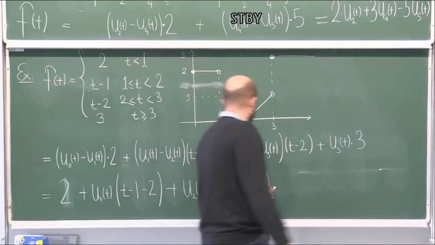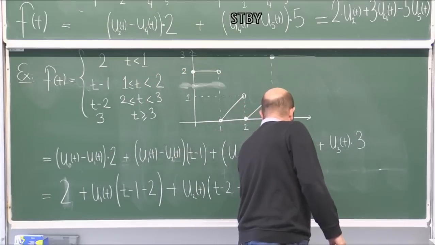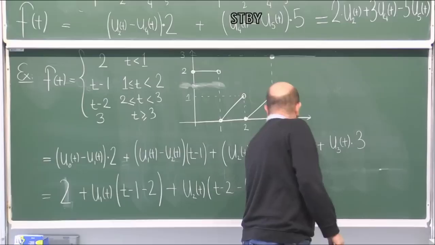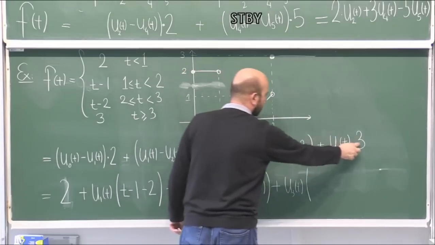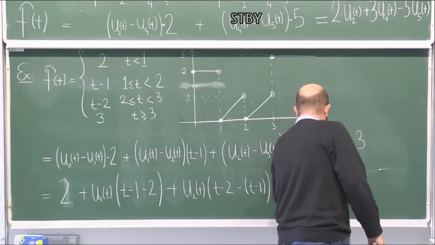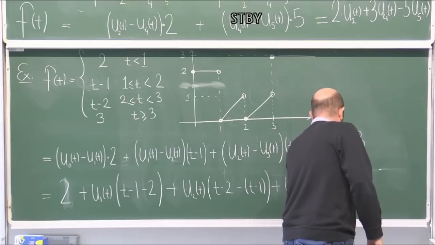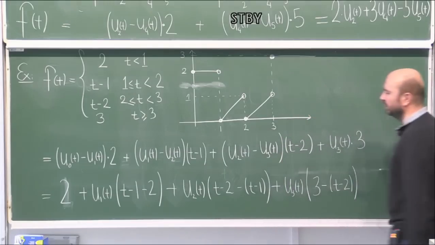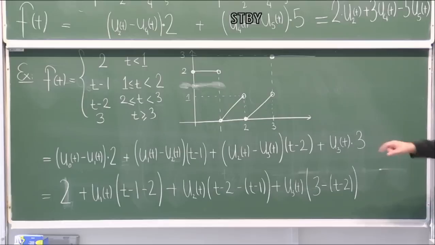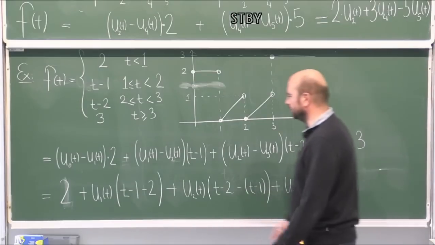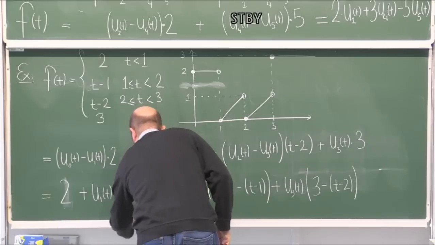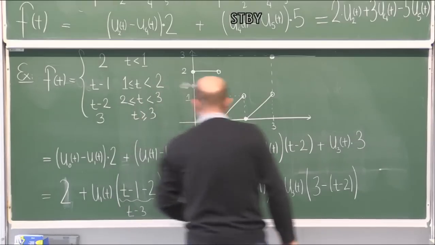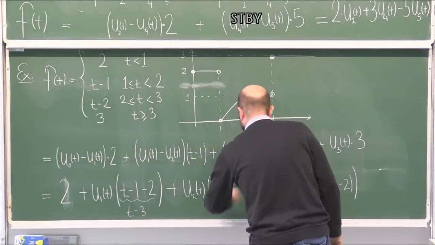Now we have U3. And here the t minus 2 subtracted, but 3 added. So we have 3 minus t minus 2. So now this is what we get. So you can do the algebra here. So this is t minus 3. Let's write it actually. This is t minus 3. And now the t's are canceling.